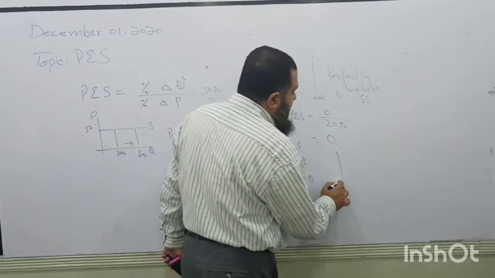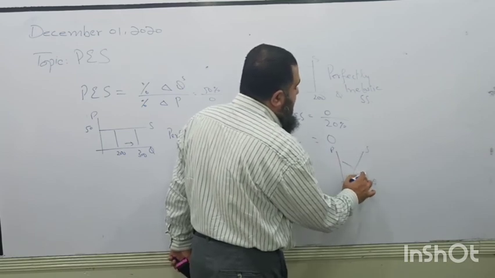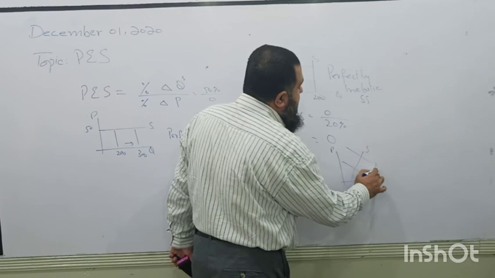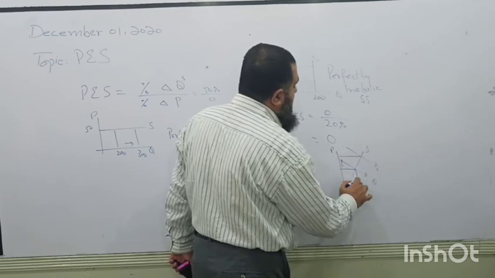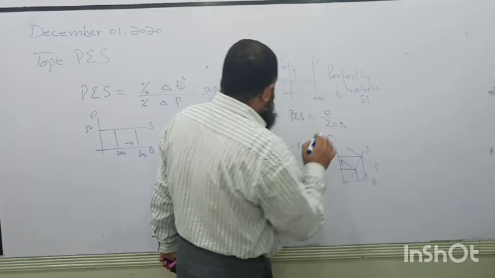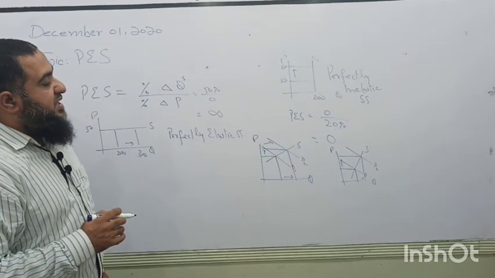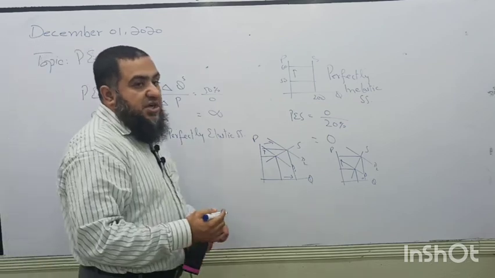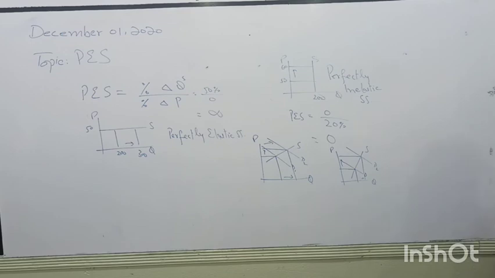Whereas in case of inelastic supply, we have this type of supply. Here if demand changes, the price will have more change than the quantity supplied. So this is the case: the producers' responsiveness can have an effect on equilibrium price and quantities, depending on how producers respond to the change in demand in the market.